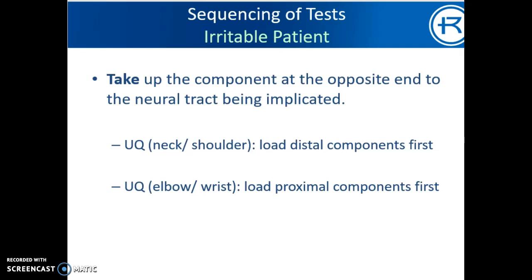If the patient is irritable, then you would want to take up the component of the opposite end to the neural tract being implicated. So back to our examples of the neck and shoulder, you would load the distal components first because of the irritability of the patient. And likewise, with an upper quarter patient that has an elbow or wrist complaint, you would load the proximal components first as opposed to starting close to that area of the elbow and wrist.